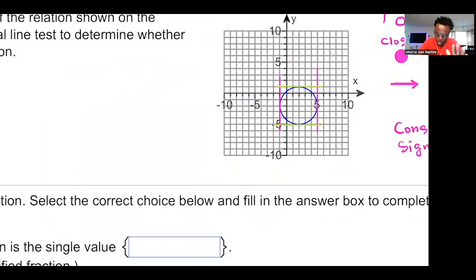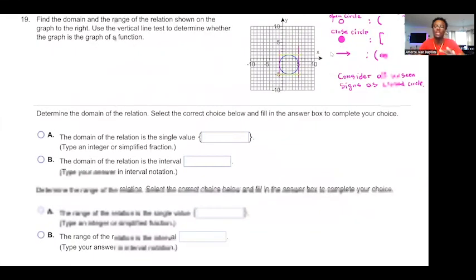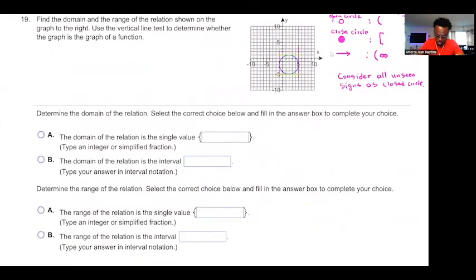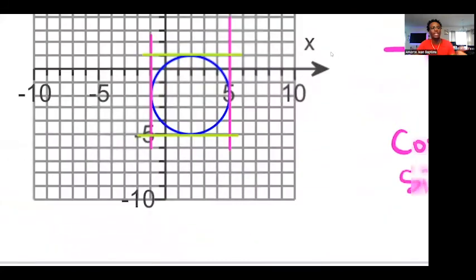Then another thing that you need to watch, look at how they give me different types of answers. Single value answers. It's when you have the function, for example, in a mapping diagram, or in set notation. When you're giving the domain, you're going to list the values 1, 2, 3. These are single values. But when you're looking at this, it's a continuous function.